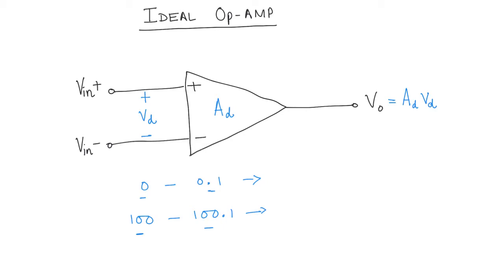In addition, in the ideal op-amp, we assume that this differential gain AD tends to infinity, which means that this differential gain is very, very high. And that is the first assumption in our ideal op-amp model, the first parameter of our ideal op-amp model.